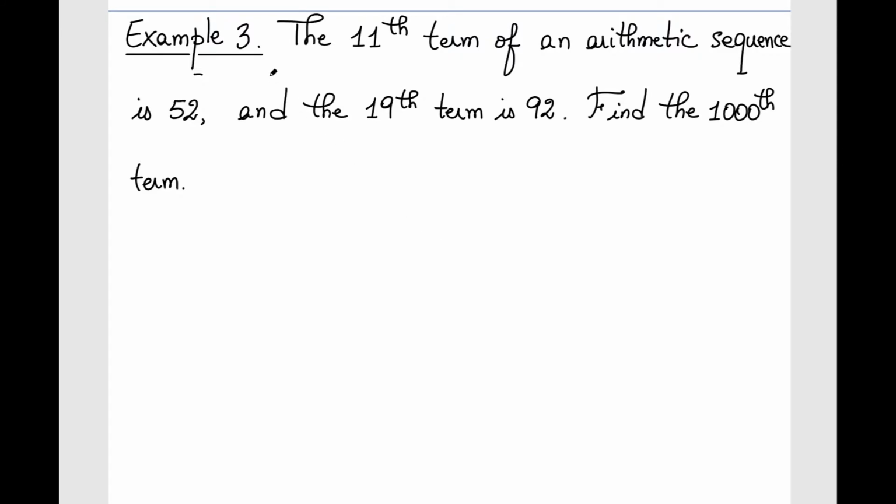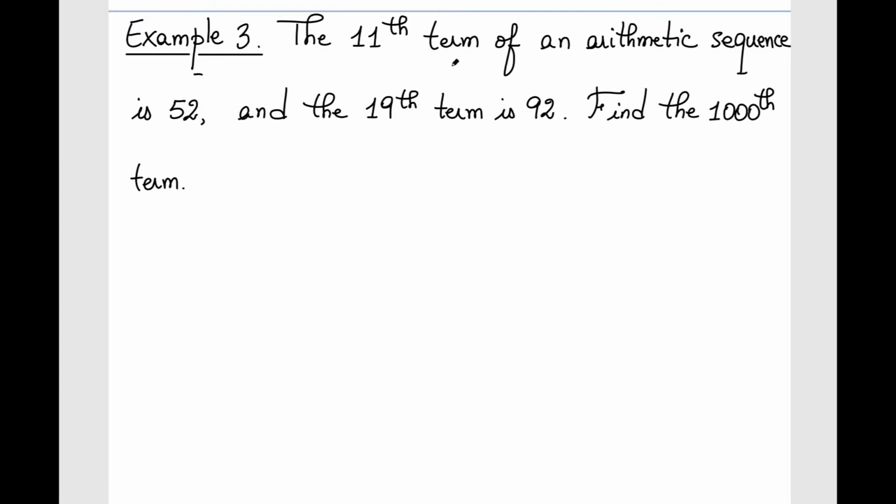Example 3. In the previous example they gave us the first two terms and we were able to find the recipe of the nth term, and they asked us to find the term whose rank is 300. In this example, they're going to give us the 11th term and the 19th term of an arithmetic sequence, and they're going to tell us to find the term whose rank is 1000.